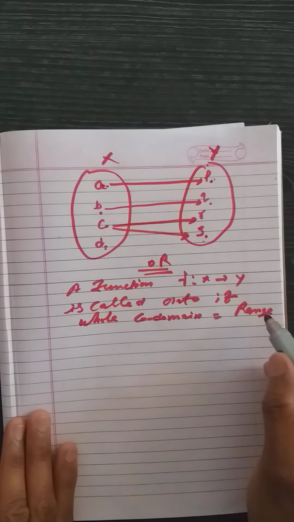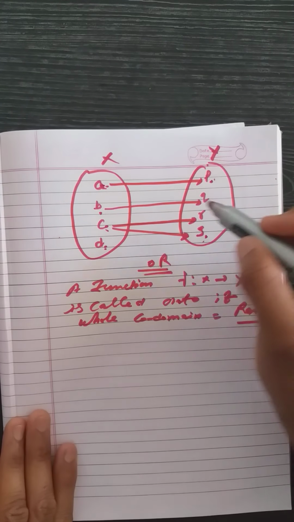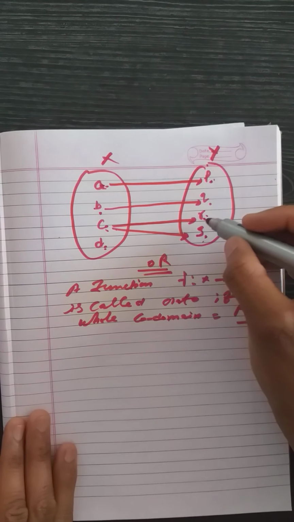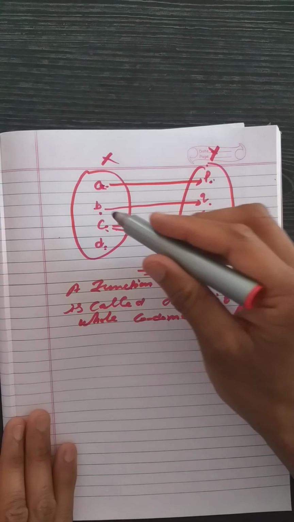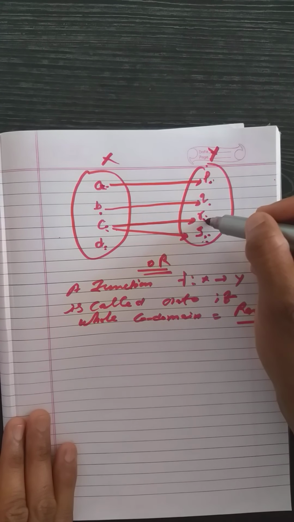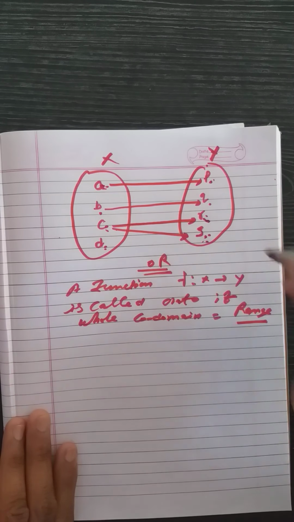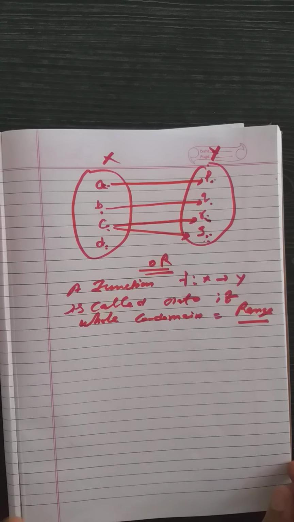So this is called the codomain, but it is not a one-one function because one element has more than one image: the image of c is r and also s, so c has two images. So it is not one-one, but it is an onto function, which is also called surjective. Now come to the next point.